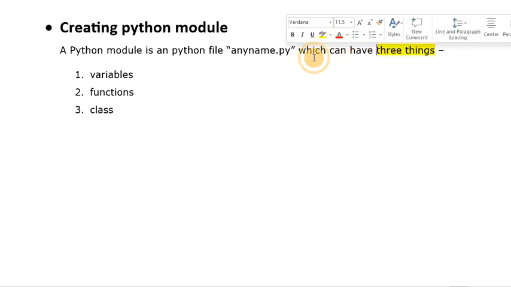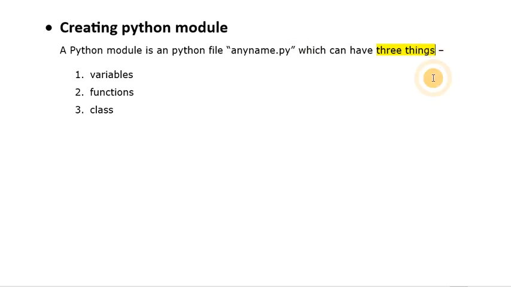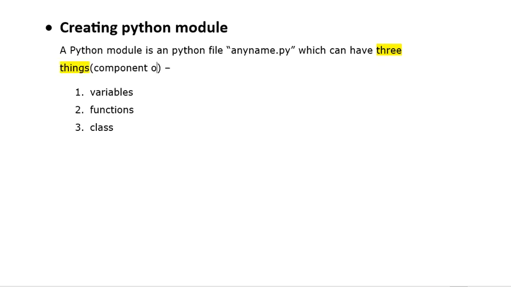These three things are going to be known as the components of a module. This module can have variables, it can have functions, and it can have classes as well.